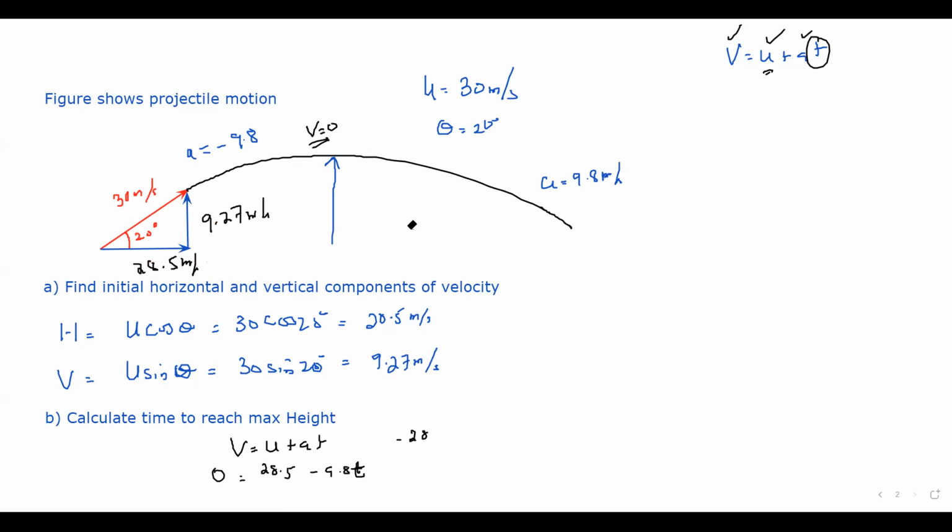So I should use 9.27 instead of 28.5. This 9.27 will move to the other side. It will be minus 9.27, and this minus 9.27 divided by minus 9.8 will give the time. So what is the time to reach the maximum height? That will be in seconds, basically 9.27 divided by 9.8.